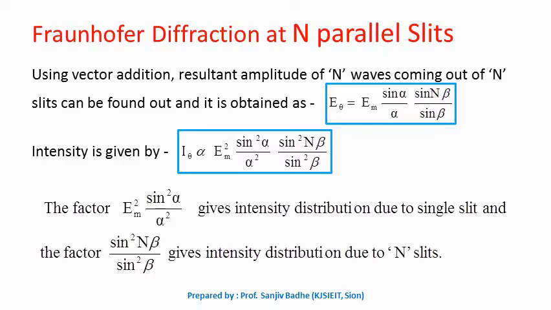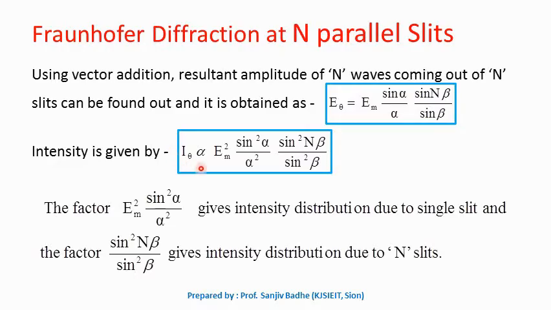If you put n equal to 2, it will be sin 2 beta upon sin beta. Sin 2 beta is equal to 2 sin beta cos beta, sin beta gets cancelled, and E theta will be equal to Em sin alpha upon alpha cos beta. So that is the amplitude in the double slit case.